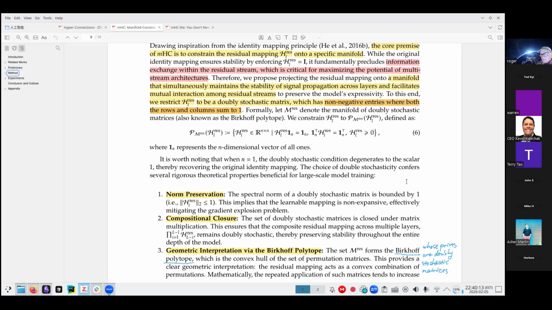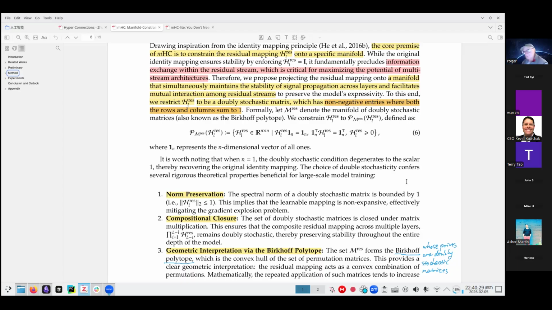As long as they add up to one, you wind up with something the same size. I don't know if this is technically the right way of thinking of it, but I think of it as L1 norm maintained.